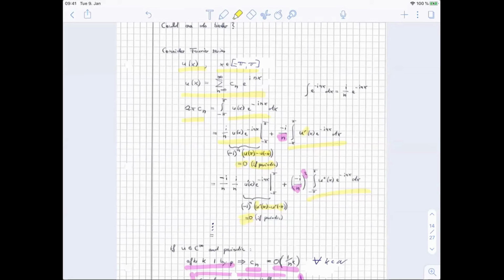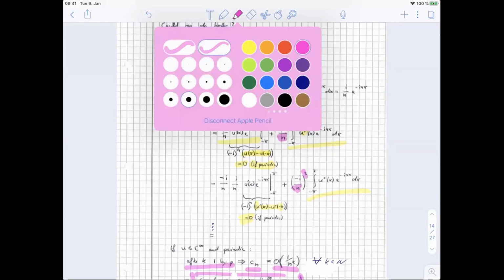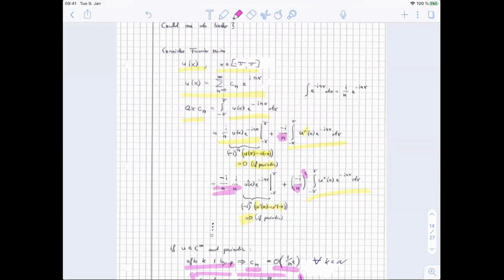Say, if you have a C2 function, then you will end up with this particular boundary term here that goes like 1 over n squared. And at that point, the size of the spectral coefficients only decays like 1 over n squared and no longer exponentially. And one would need many grid points, and then the extra cost of the spectral method would not be useful anymore.